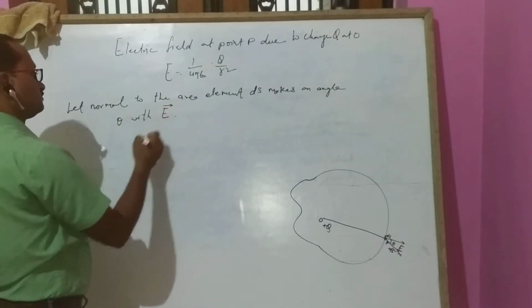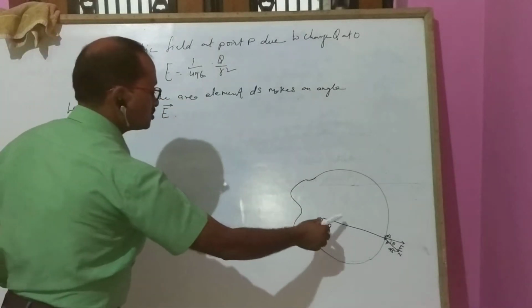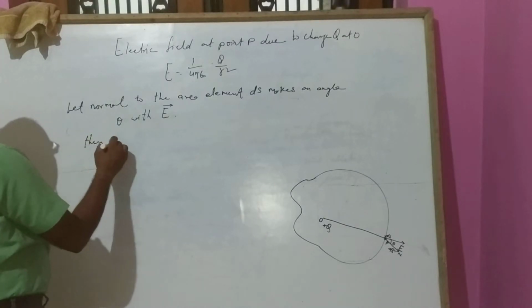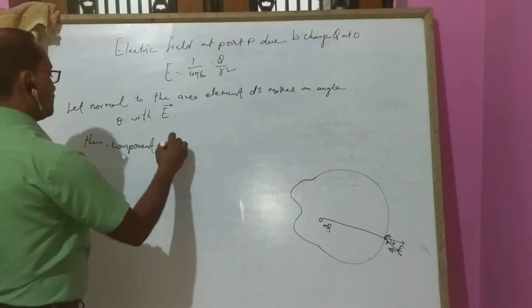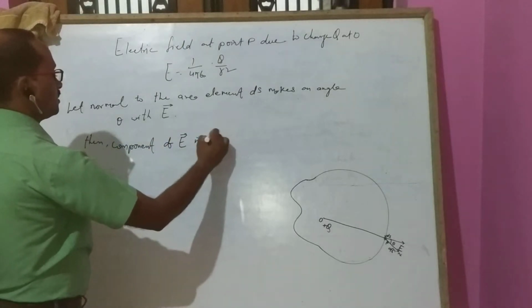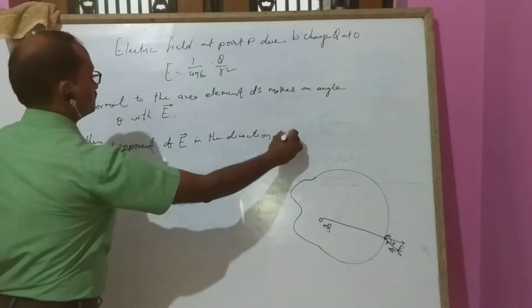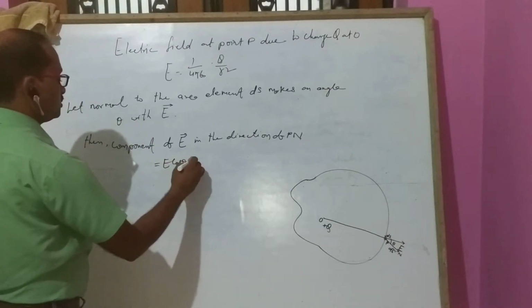Then the component of E in the direction of Pn will be E cos theta.